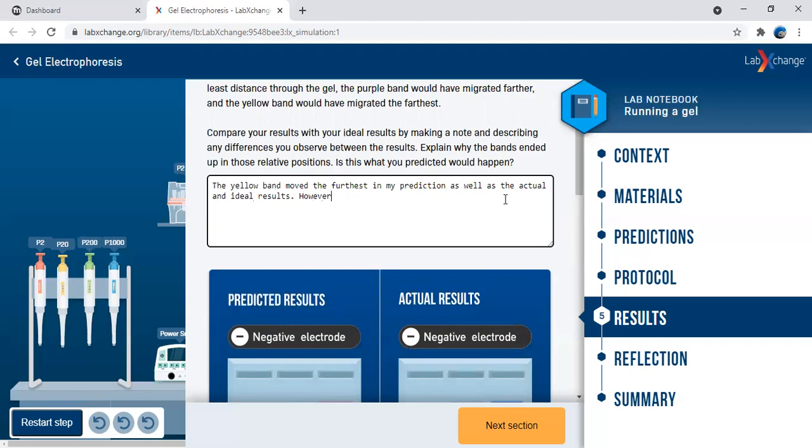However, the blue and purple bands differed, because in the actual experiment, negative charge affects them. Bands of the DNA.